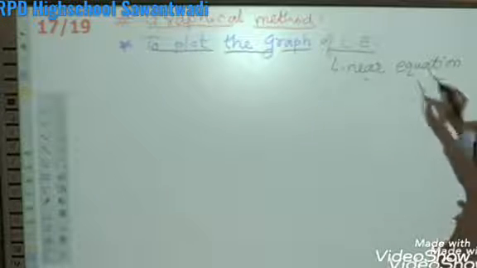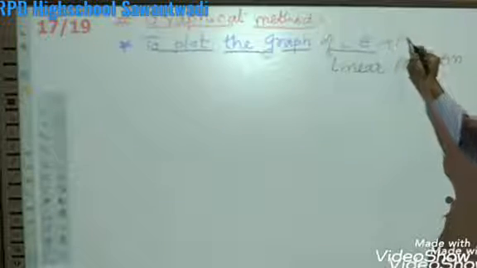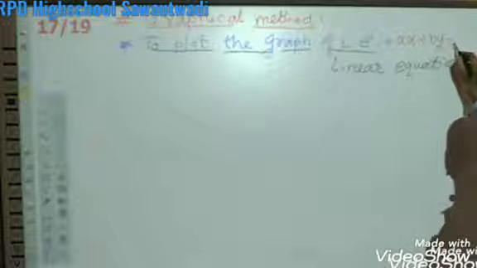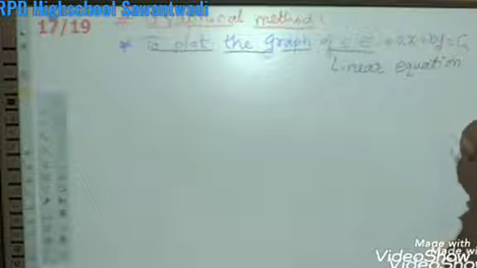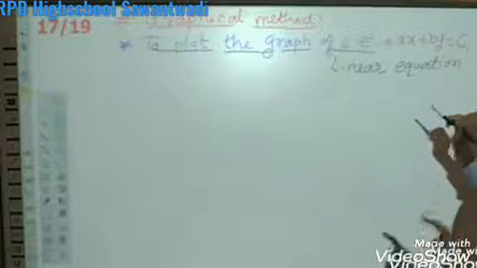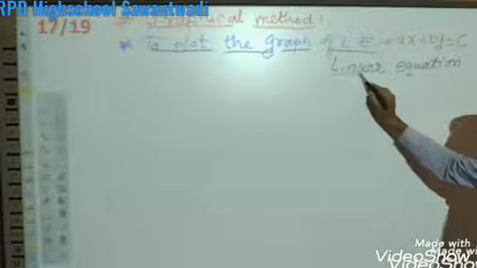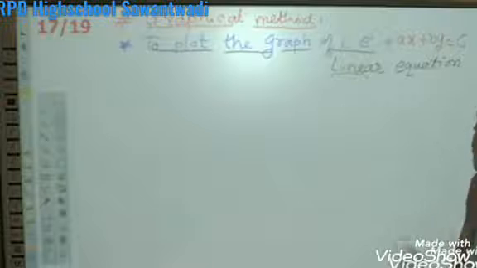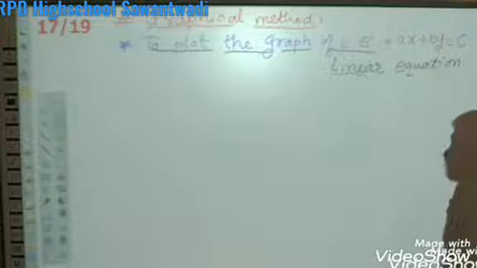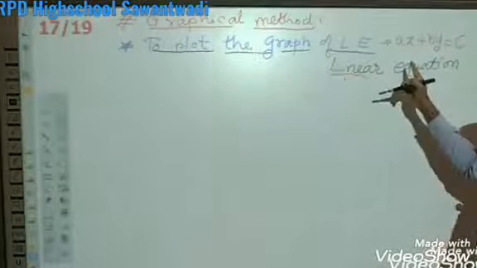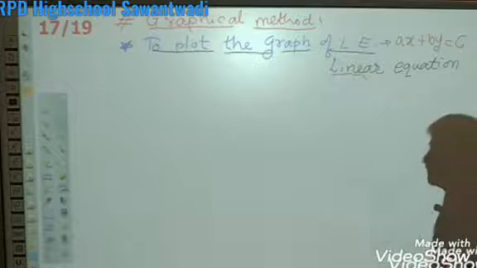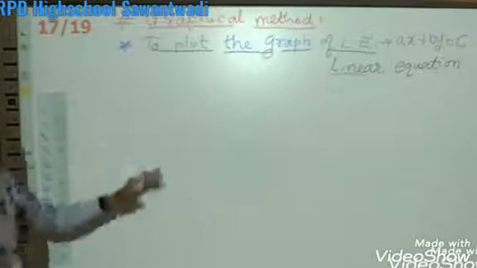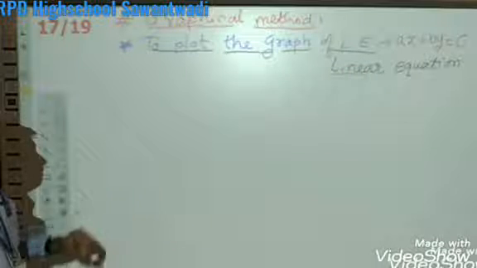Therefore, the equation in the format ax plus by is equal to c, if we plot the graph of this equation, you will get a straight line. Therefore, this equation is called linear equation. This you can remember very well. Is that clear? So, to plot the graph of LE means to draw the line, and how to get the line, this part we are going to learn in today's period.